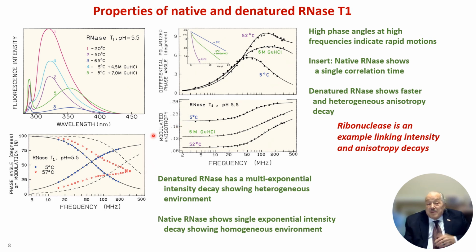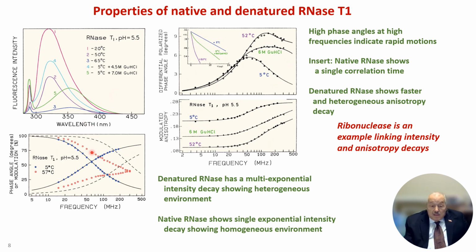This next slide will take a little more explanation, but we are supposed to be talking about time-resolved fluorescence. So we went over this part of the spectral shift, but what happens to the decay times when we go from the native state to the denatured state?